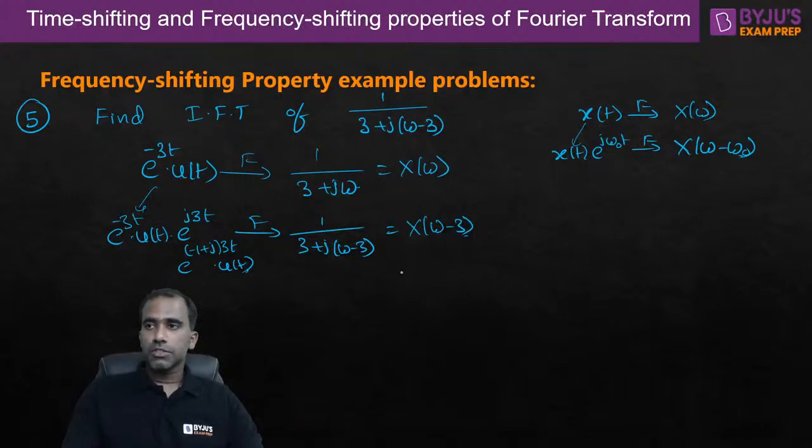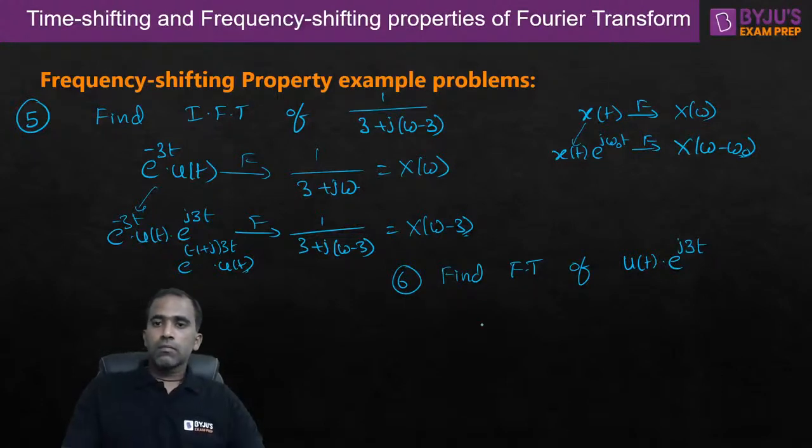Right. I'll ask you one more question. I'm asking you the Fourier transform of u of t into e power j3t.